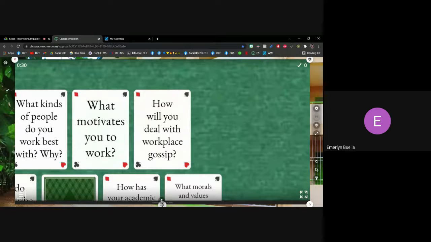Pero ayoko naman ng kaaway sa trabaho kaya tatanungin ko siya kung bakit may ganong gossip. Tatanungin ko kung anong problema nila sa akin, kaya ko namang magbago kung may problema sila. Kaya ko makisama. Para sa pagiging maayos sa trabaho, walang problema sa akin magpakumbaba. Basta ayoko lang nakakarinig ng hindi maganda sa pandinig ko po. Yun po. Thank you, Emerlyn.